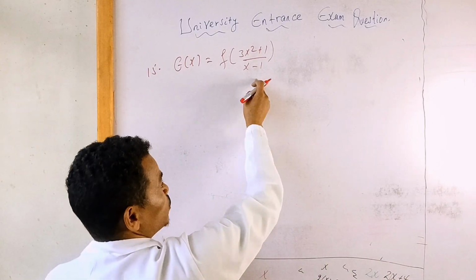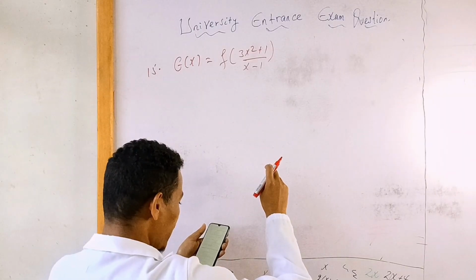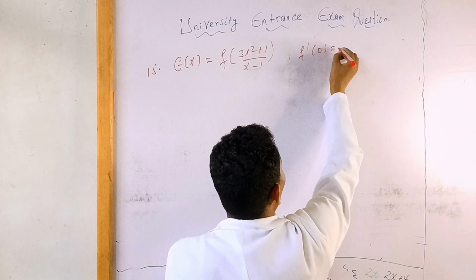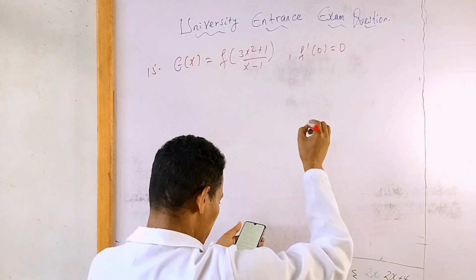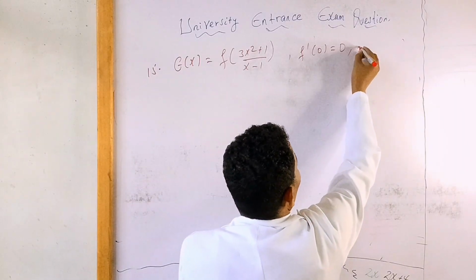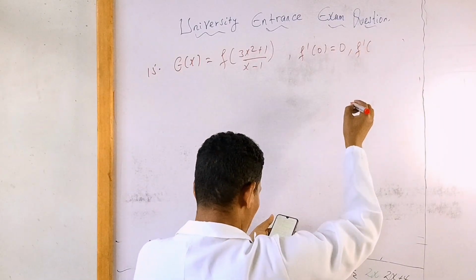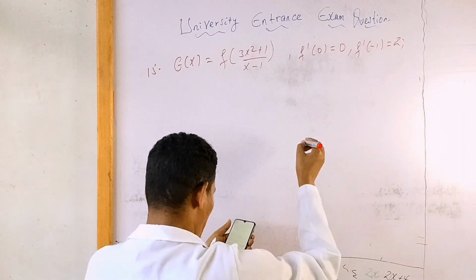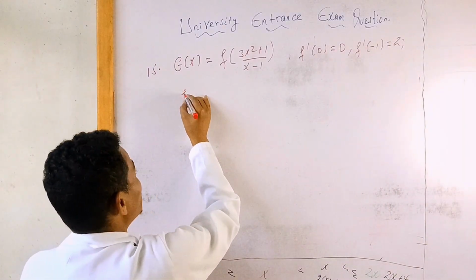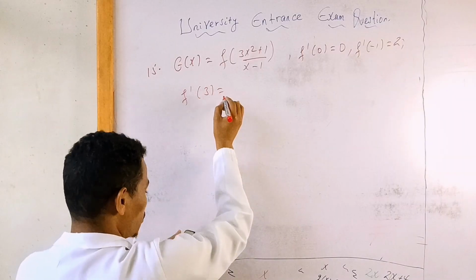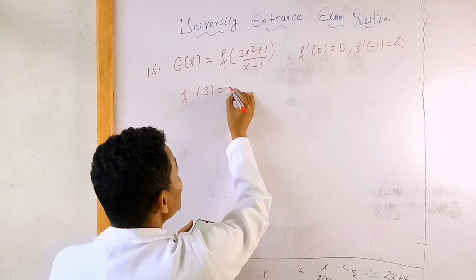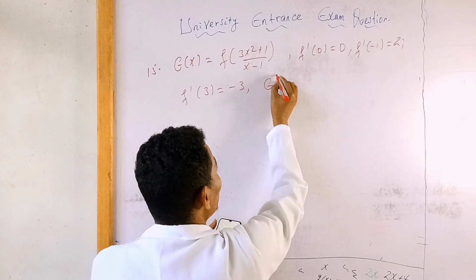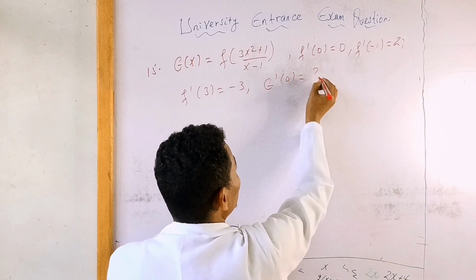If f derivative of 0 is equal to 0, f derivative of minus 1 is equal to 2, and f derivative of 3 is equal to minus 3, then g derivative of 0 is equal to what?